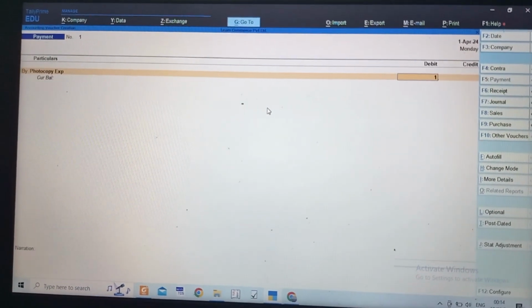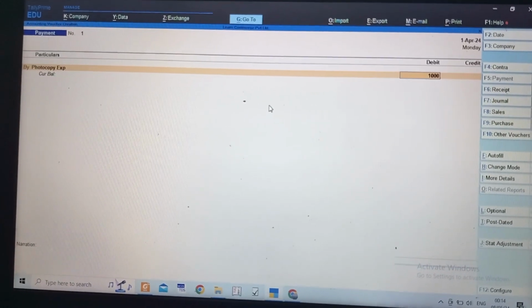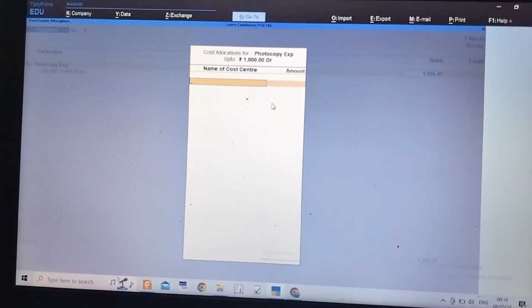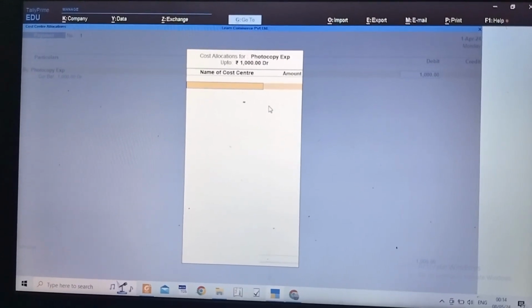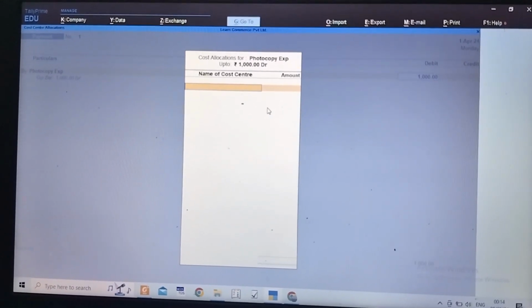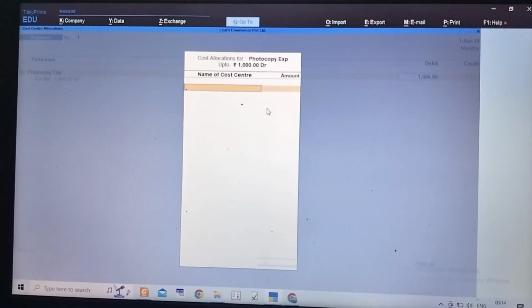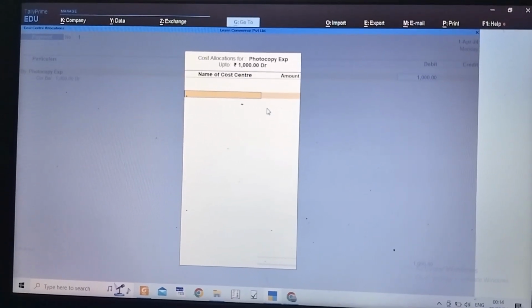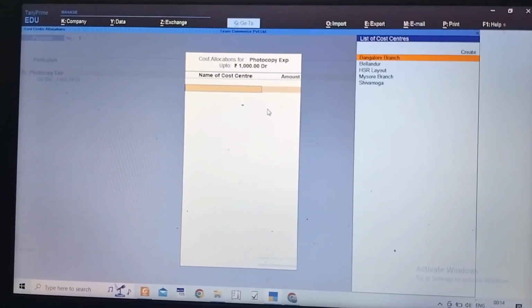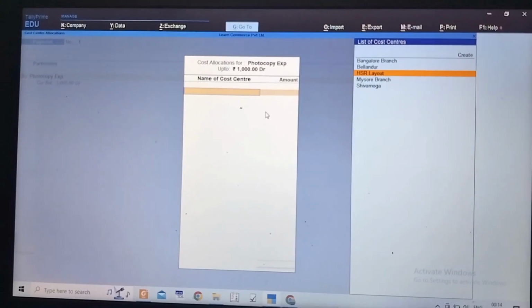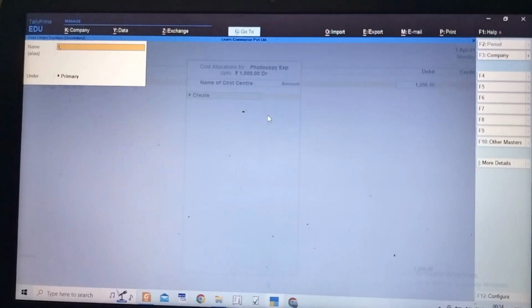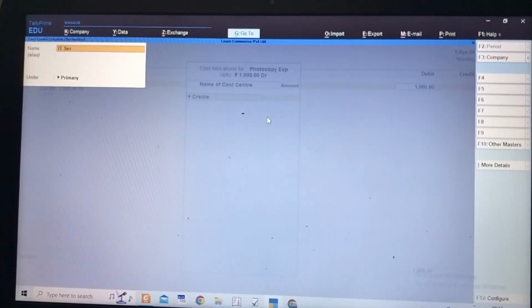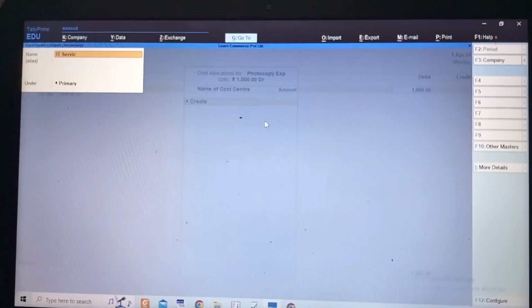Suppose I am paying 1000 and I am making payment through cash. Now name of cost center, as I told you, whenever there is an expense or income, then that is related to any department. So I'll select here. Okay, I'll create one, because I'm creating this for IT services or IT department I give.